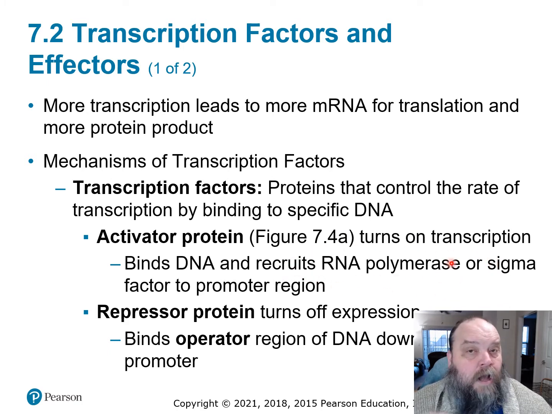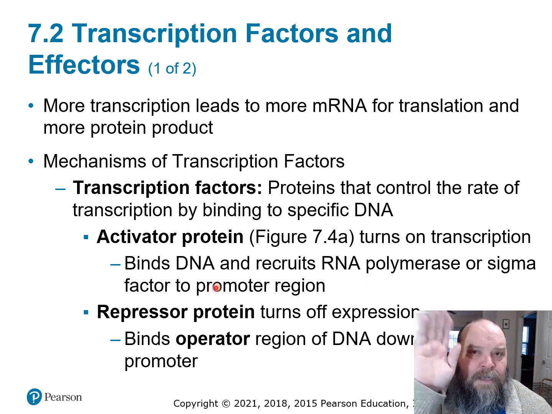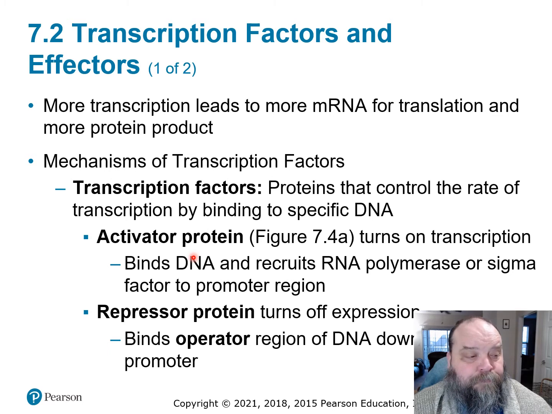Because you have to remember, all the genes on a chromosome are in competition for a small number of RNA polymerases. So the more of these promoter factors binding at a promoter, the more of a "me, let me jump the line" that gene or that operon will have.